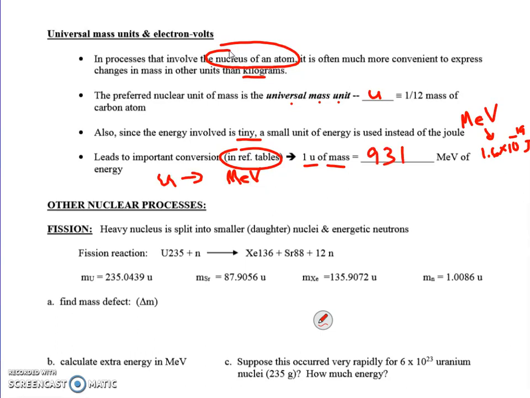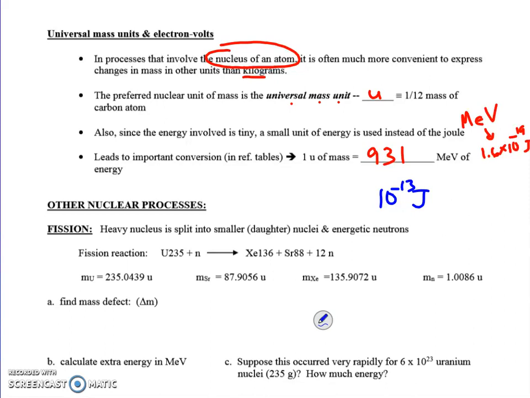Let me say that again because that was kind of awkward. 1 AMU of mass, not 1 kilogram, but 1 AMU of mass is equivalent to 931 MeV of energy, which is not a whole lot of energy in terms of joules. It is roughly 10 to the negative 13th joules. But at the level of nuclear reactions, this is what we most often talk about.